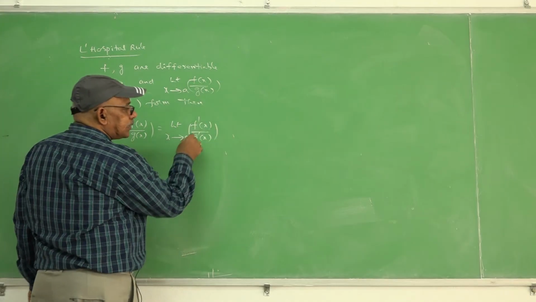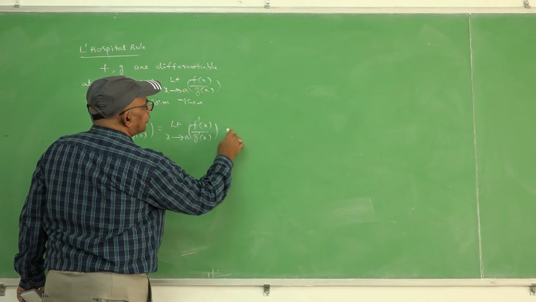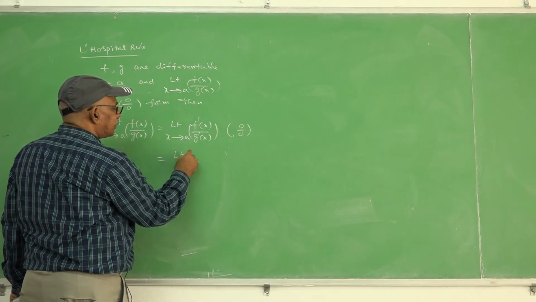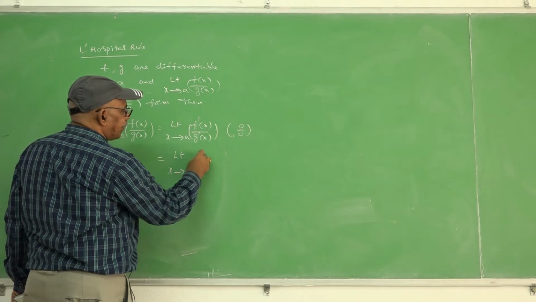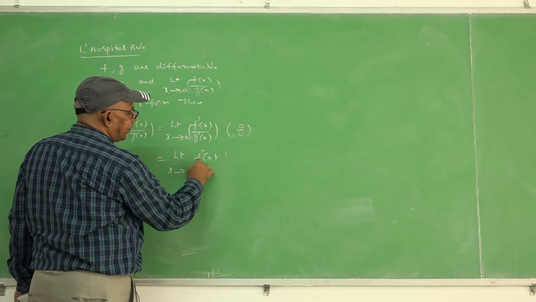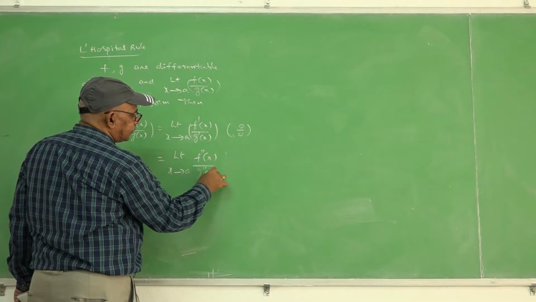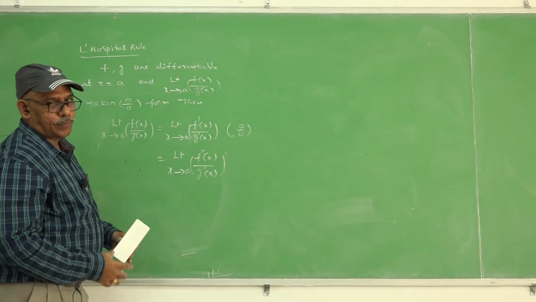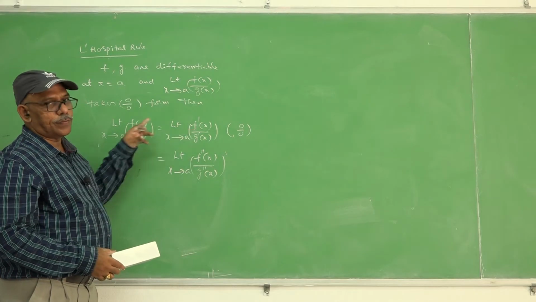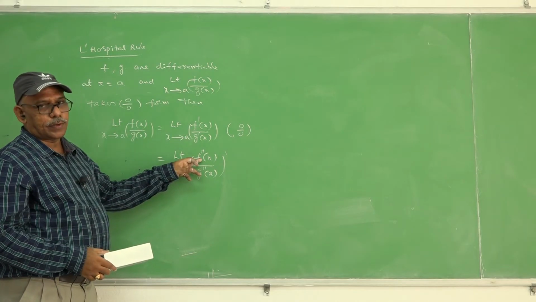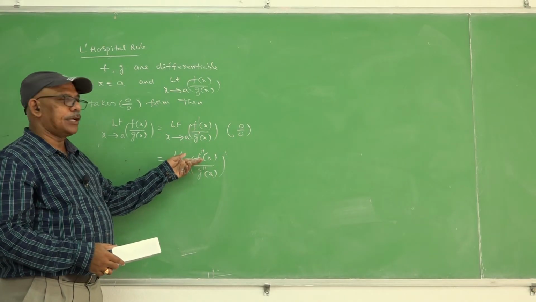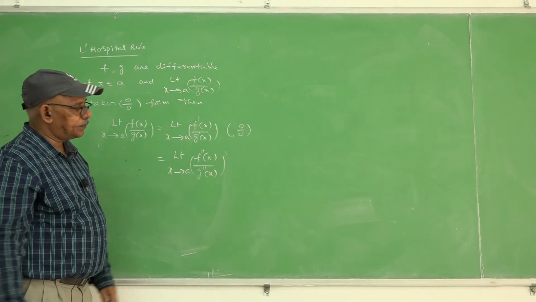That means suppose it takes 0 by 0, then it is also equal to the limit as x goes to a of f double dash x by g double dash x. You can go for the higher derivative. This is the first derivative of f. This is the second derivative of f. Once you differentiate once again, that is called the second derivative.